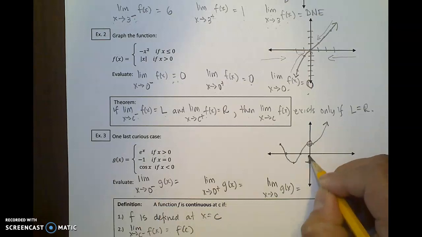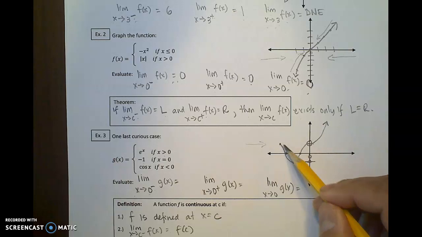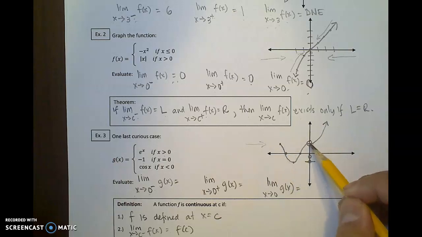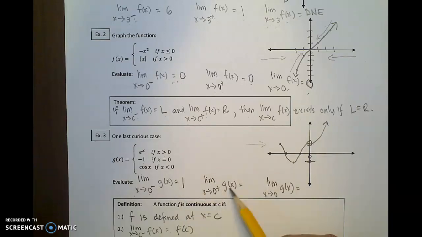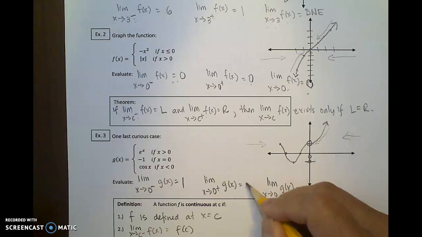Find the limit of this function as x approaches 0 from the left. Here's 0 on the x-axis, so we're coming in from the left, using this cosine wave. We're coming closer and closer to an output value of 1. Find the limit of this function as x approaches 0 from the right. So coming in from this side of 0, that means we're using this graph right here, and it's also approaching 1 on the y-axis.